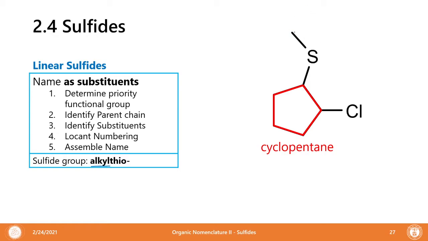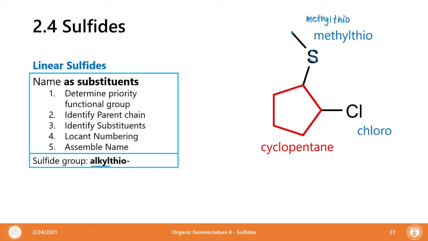So we have here one carbon, methyl, and then we have one sulfur atom connection, methyl thio. And then here we have chloro. So let's define those. We have methyl thio and chloro.